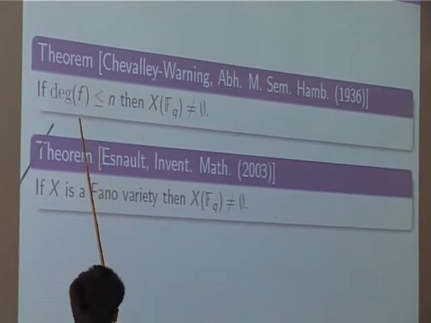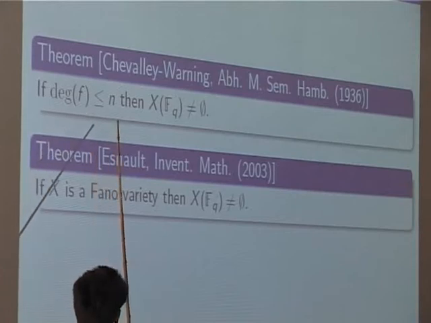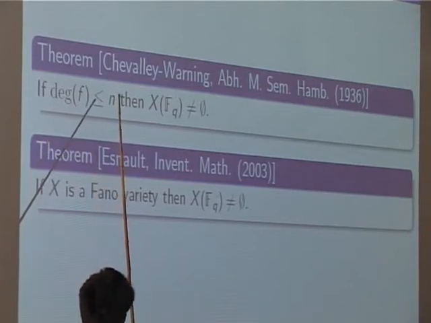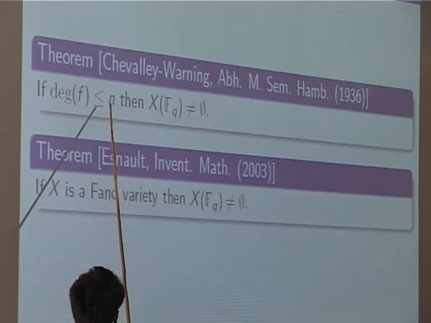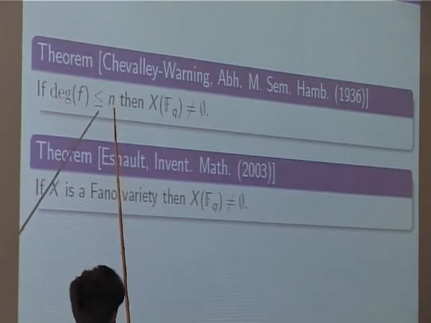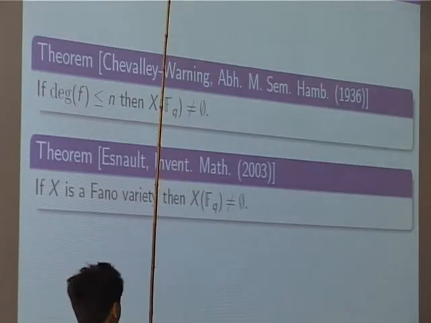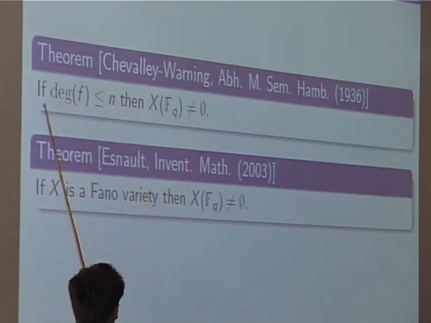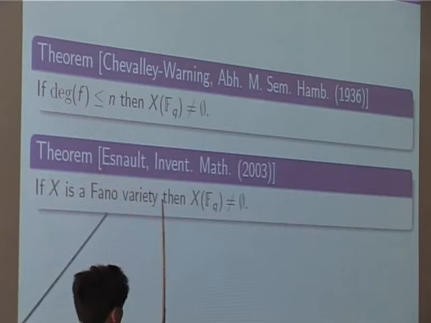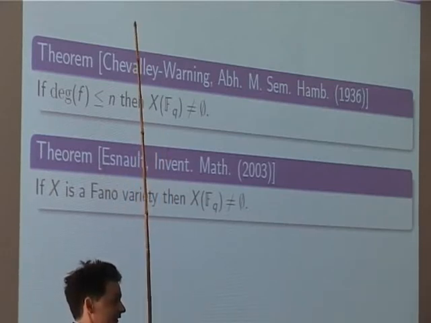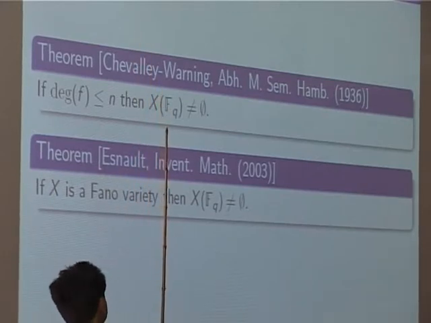The basic theorem is that if the degree of our polynomial is less than or equal to n, or strictly less than n+1, the number of variables, then we always have a rational point, and this can be generalized to Fano varieties.